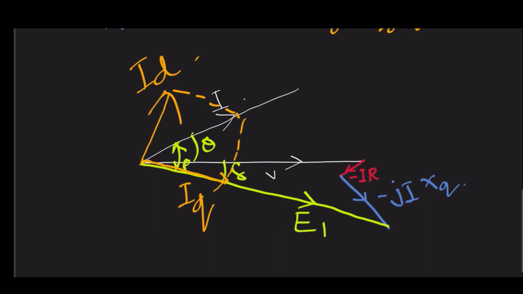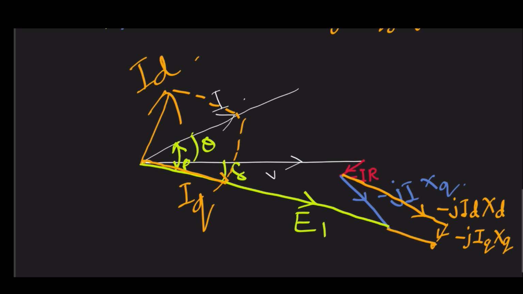So here also similarly we will have our minus JIDXD, in this way. And then it is minus JIQXQ, and together you will get E naught.